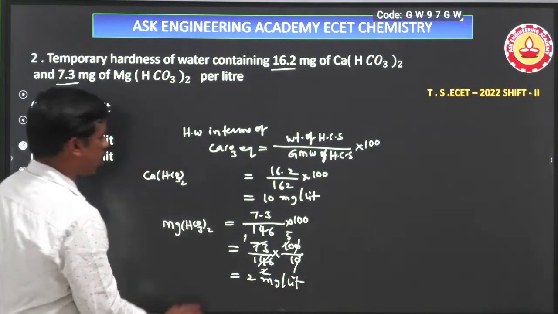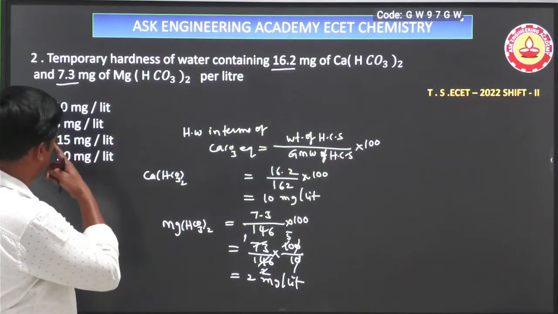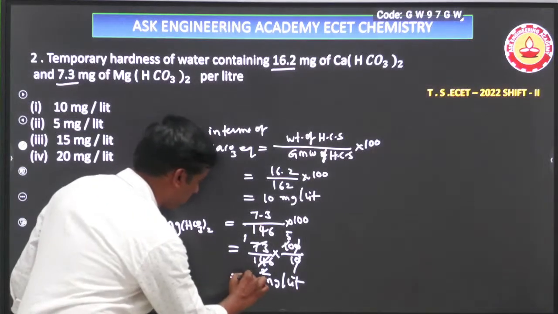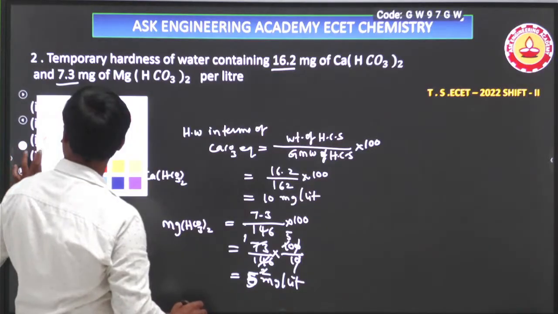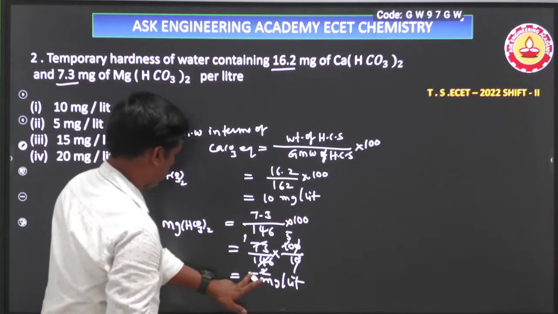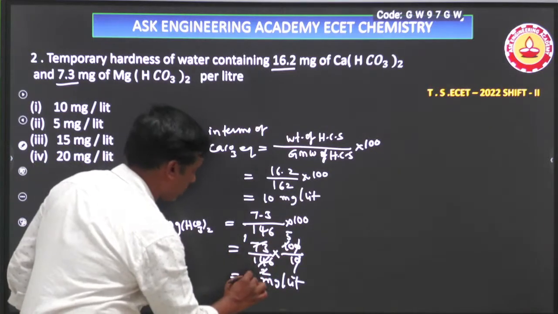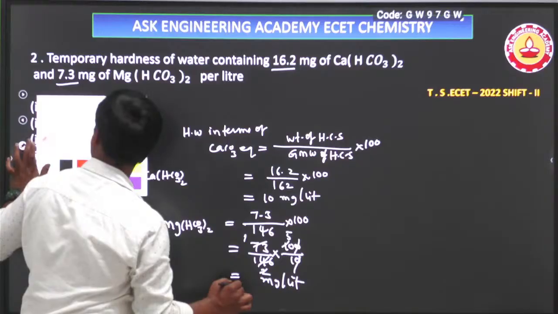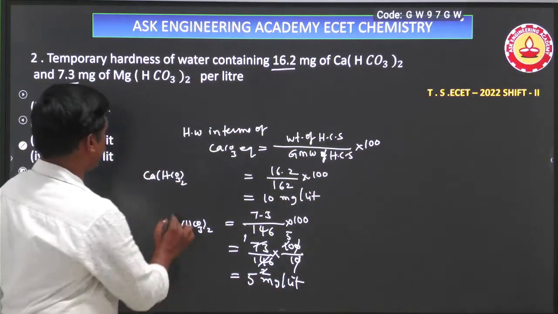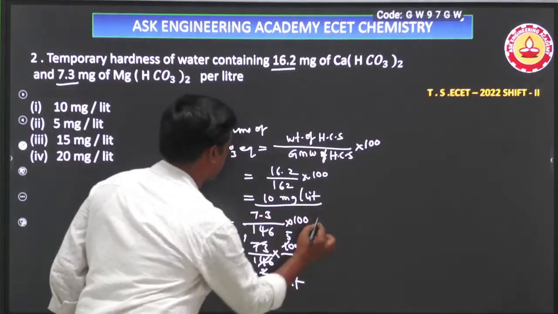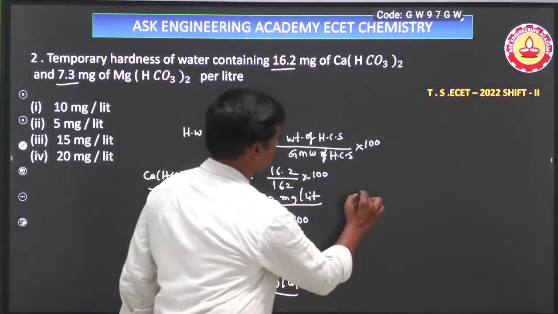Here total how much to come? 10 plus 5 to come. After the cancellation, 73 1 ja 73, 2 2 ja 2, 5 ja. Here to come what is the answer? 5 to come. Here total what is hardness? Calcium bicarbonate 10 milligram per liter, magnesium bicarbonate 5. These two sum. What is hardness?